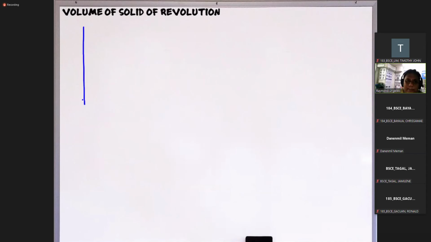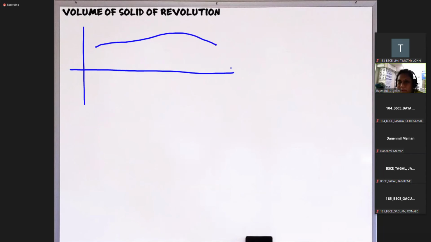So for example, let's say we have this curve. Okay? Let's say we have that curve and we want to revolve it about this axis, right? Then you will see that when we do that, you will form something like this.